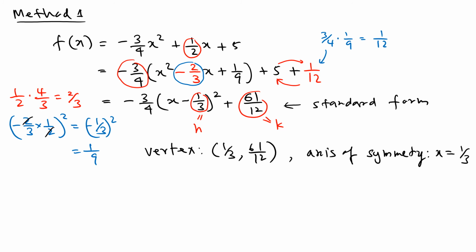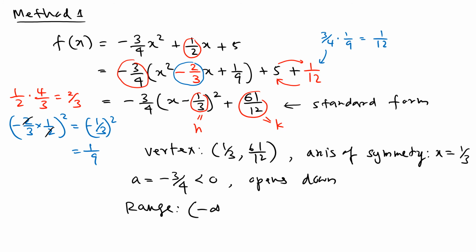You can see a equals negative 3/4, which is negative. That means going down, so it opens down. That means the range has to be, since it's going down, from negative infinity all the way up to the k value, which is negative infinity to 61/12.